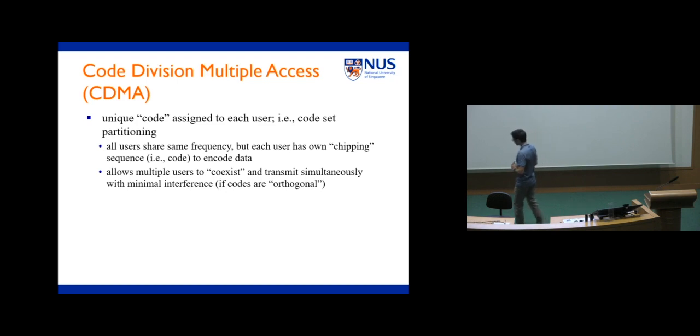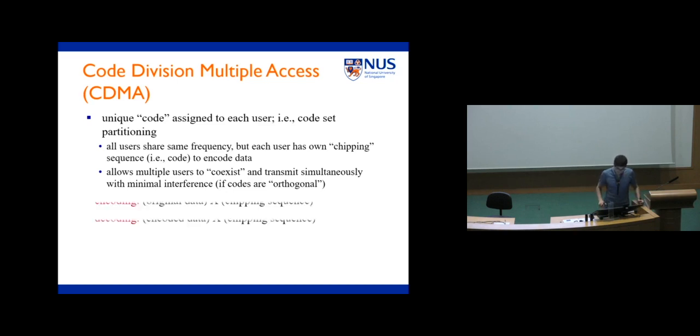So here we are achieving orthogonality not in the time domain, not in the frequency domain, but we are achieving it using codes, orthogonal codes. And all users share the same frequency, but they have an orthogonal code that they use to encode their data, the symbols, the bits for transmitting. And it allows multiple users to coexist and transmit simultaneously on the same frequency band with no interference in theory.